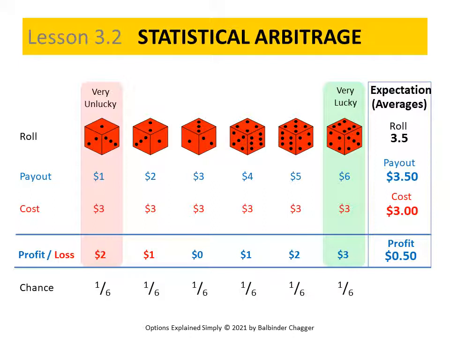Note that our expectation of a 50 cents profit can never be realized on any single play because a die doesn't have a face with 3.5 dots on it. A 3.5 can never actually be rolled and we can never actually make a 50 cents profit on any single throw. So understand this, an average, or an expected value as it's also known, is a theoretical value. It may or it may not be one of the possible outcomes.